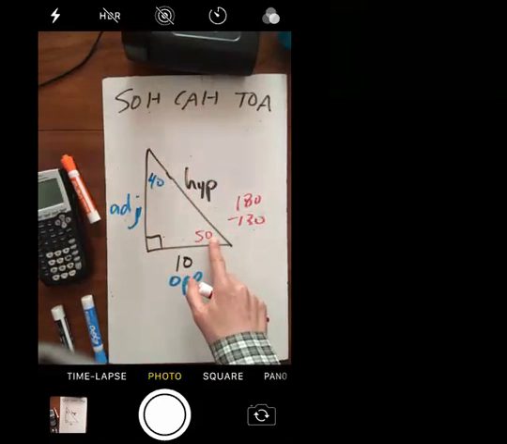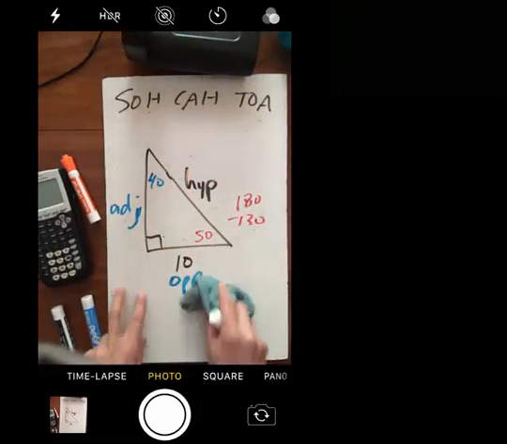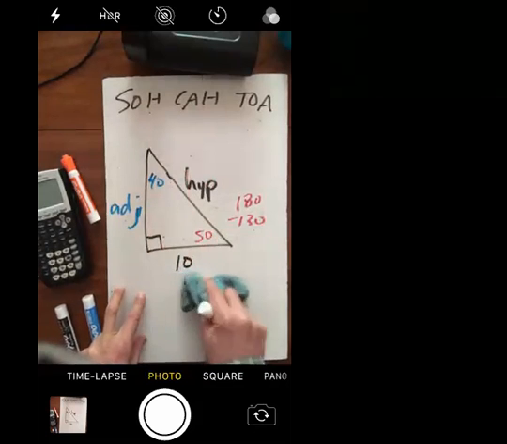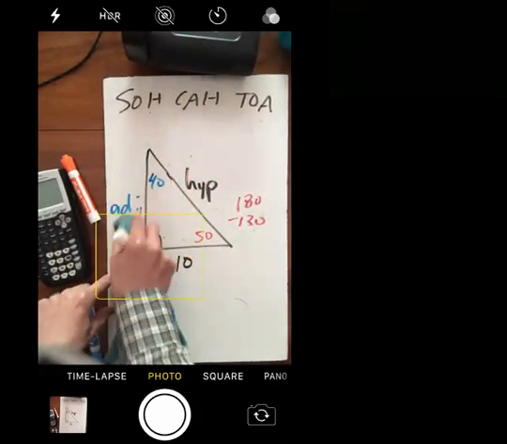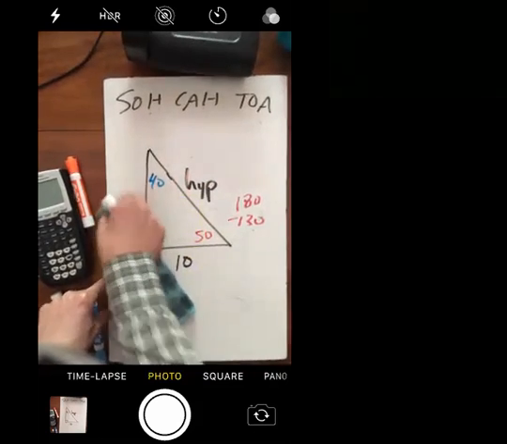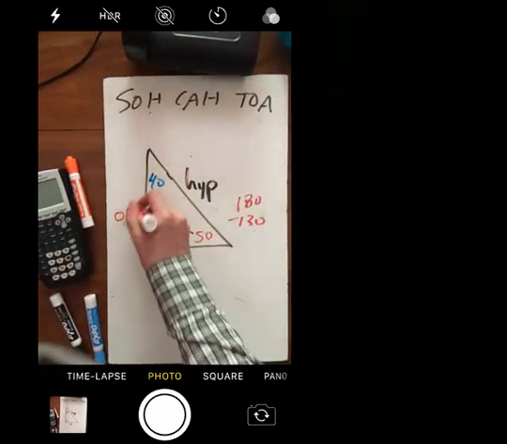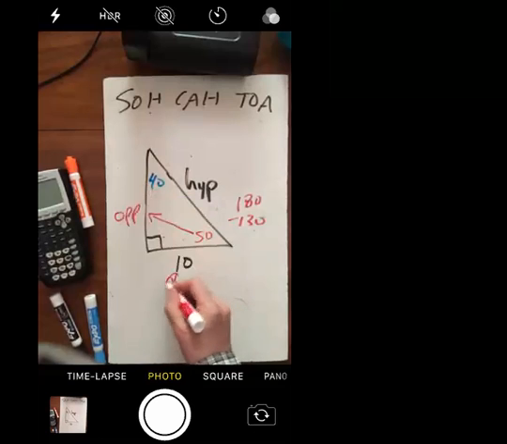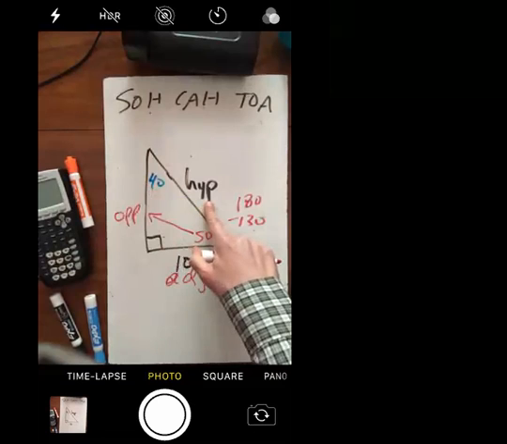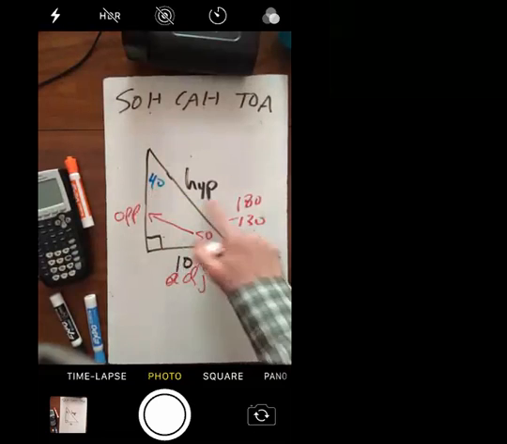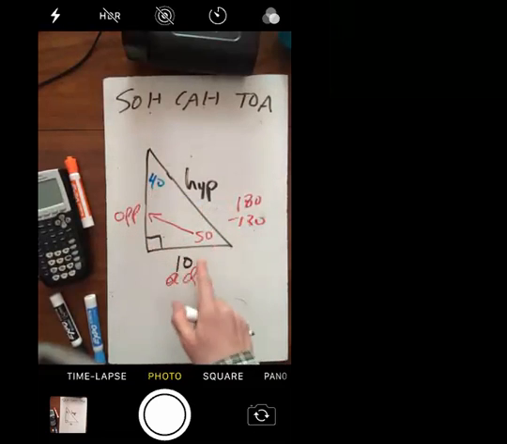If you're going to use this angle, then you're going to relabel the sides from the perspective now of the red 50-degree angle. So now this would be the opposite, and this would be the adjacent when you're doing your calculations, and this would still be the hypotenuse. So your labels of the legs depend on which angle you're going to use.